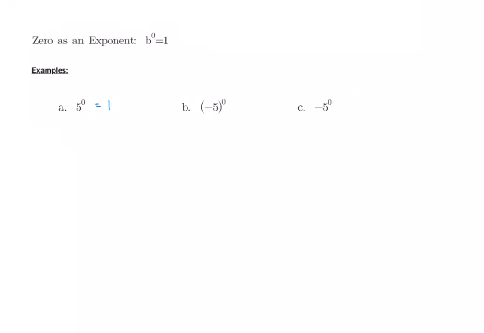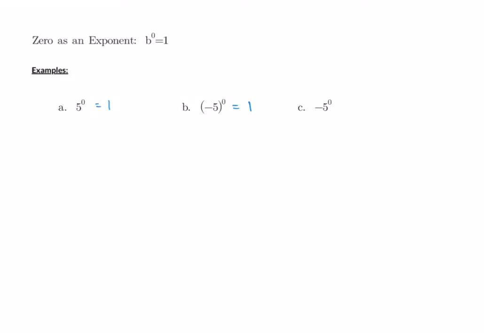For the next two that we're going to look at, we want to be careful about whether the negative is inside the parentheses or outside. If it is inside the parentheses, the exponent is acting on it. So for instance, negative 5 raised to the 0 power is 1 as well. Now for example C, we do want to be careful.